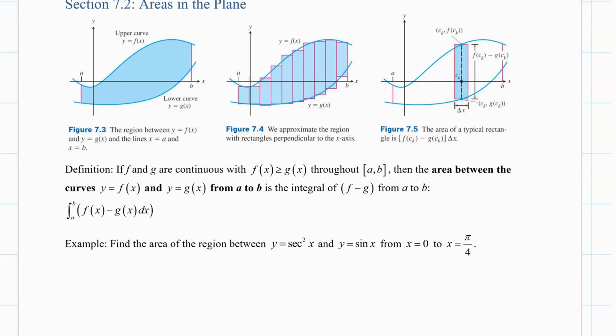So if we think about a space being defined by an upper curve and a lower curve, and we think about filling those curves up with a bunch of rectangles, each of those rectangles, let's say, being delta x wide. And maybe when we think about having an infinite number of rectangles, that delta x could be thought of as a dx.